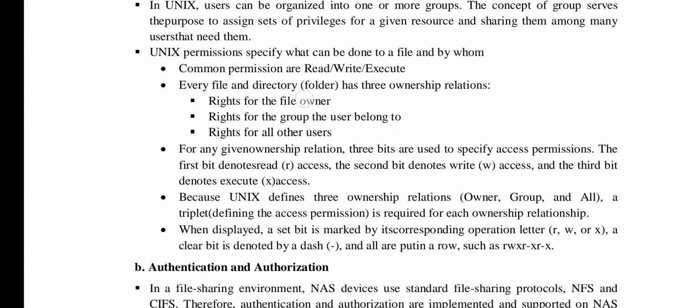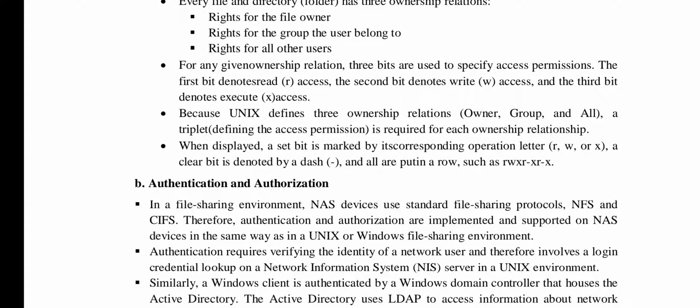So every file and directory, that is folder, will have three kinds of ownership relationships: for the file owner, for the group the user belongs to, and for all other users. So these are the three ownership relations. There will be three access permissions as I said before: one bit for read access R, second bit for write access W, and third for execute X. The ownership relations will be owner, group and all.